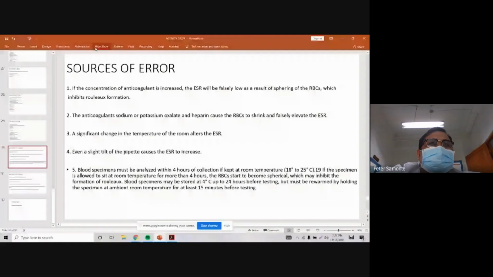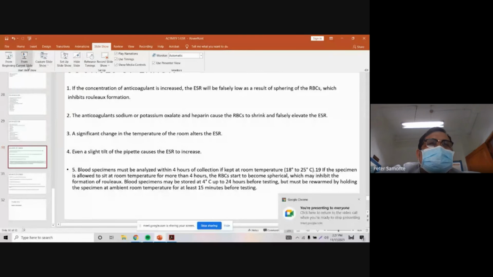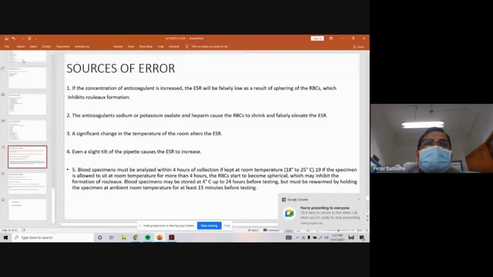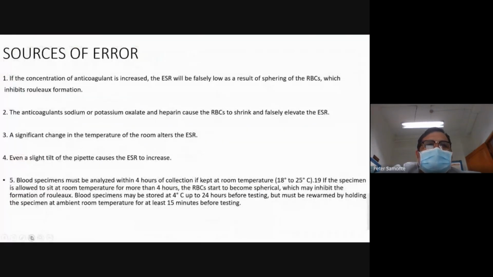Okay, let me correct. Thank you for noticing that. Kapag nag-spearing, kasi ang iniisip ko dito na spearing niya, shrinking would denote a smaller size.